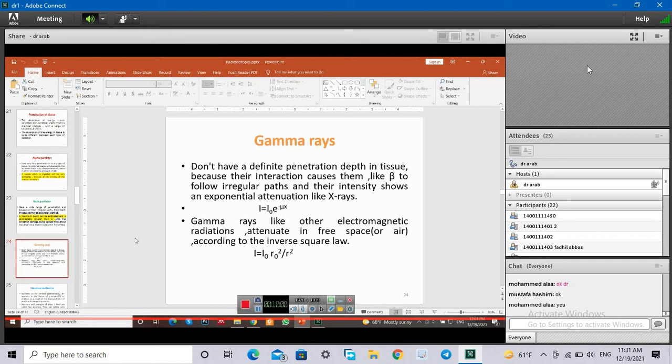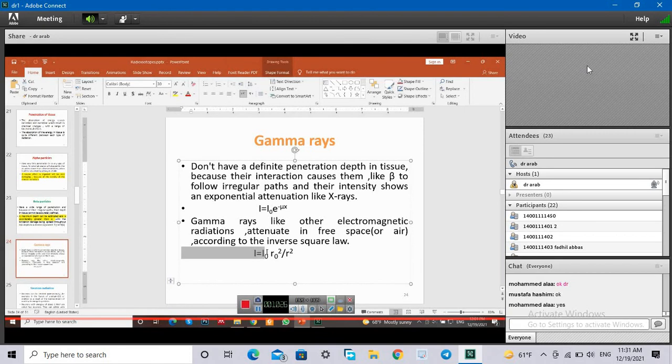You can see in this equation the intensity of gamma rays after passing distance r equals the intensity of gamma rays at distance r0, and based on this equation, we can conclude the intensity of gamma rays is proportional to the inverse square law.